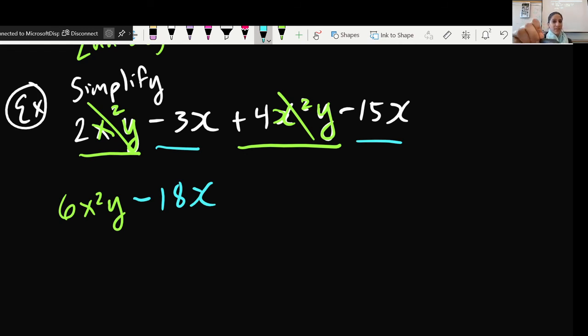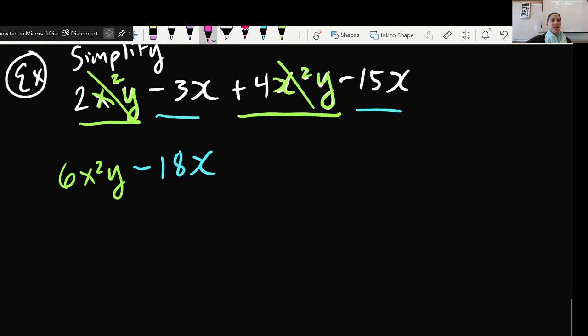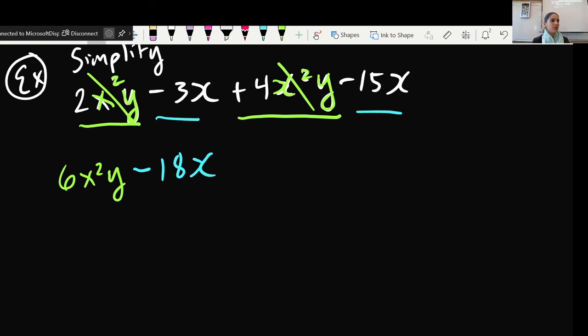Let's also name this. I didn't ask you to do this, but we might as well just to practice. If I want to name this polynomial, where do I start? What comes first? Yeah. So third.